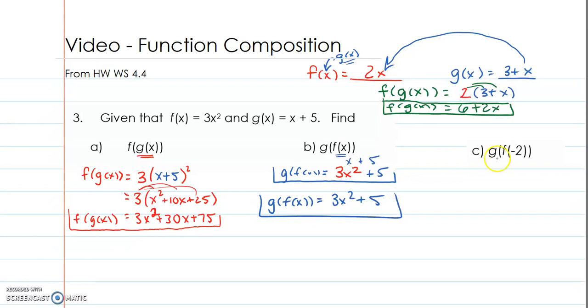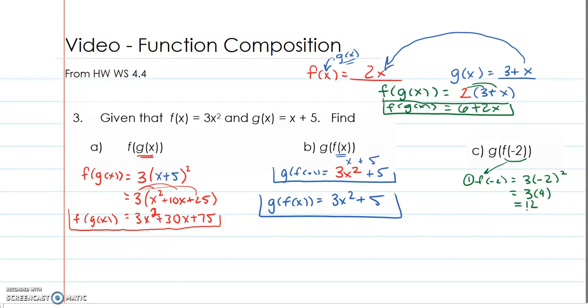And the next thing we're going to look at is if we have g of f of negative 2. If we hadn't already calculated g of f of x, which is this here, we can actually just evaluate the inner and then use whatever value we get here for g. So let's look at this 2 ways. Let's look at actually taking this first function and evaluating f of negative 2. So f of negative 2 would be 3 times negative 2 squared, which is 3 times 4, and that's 12.